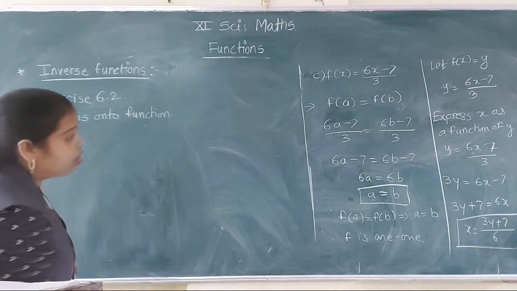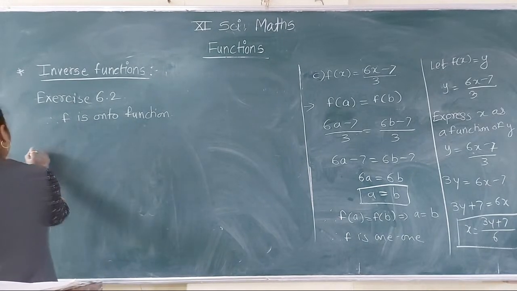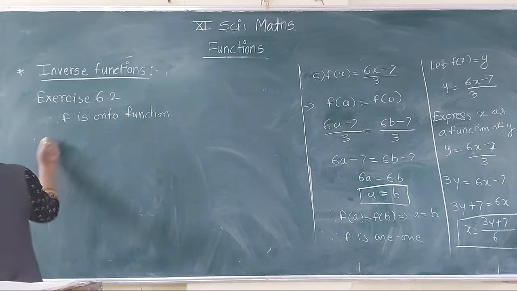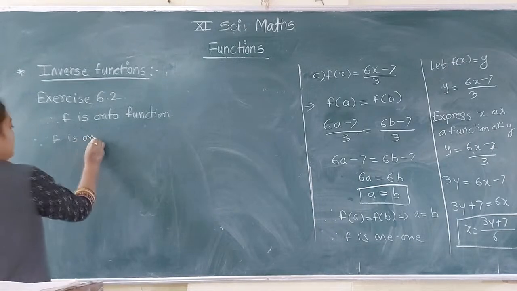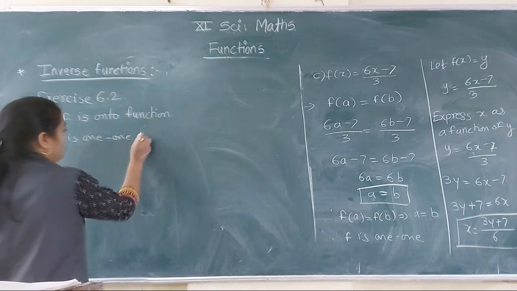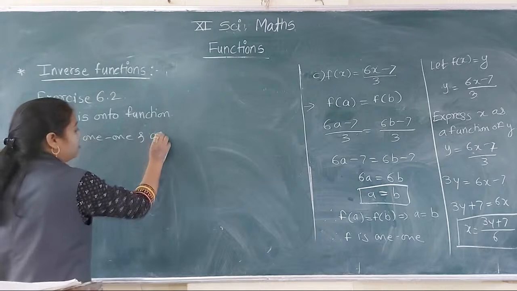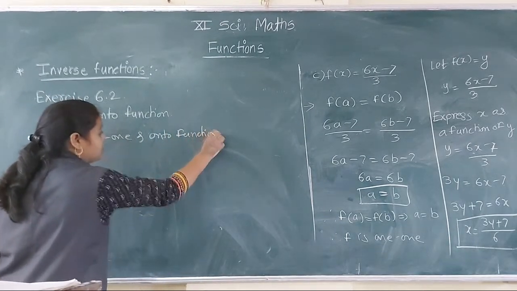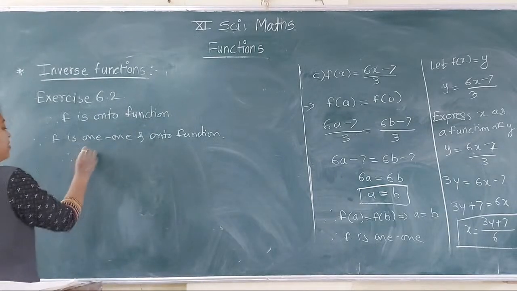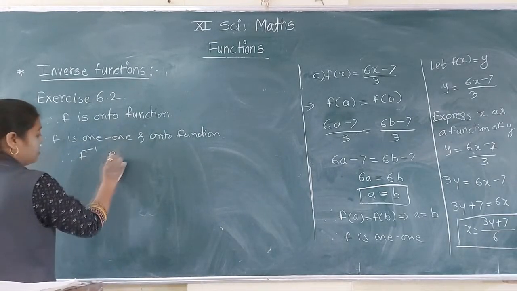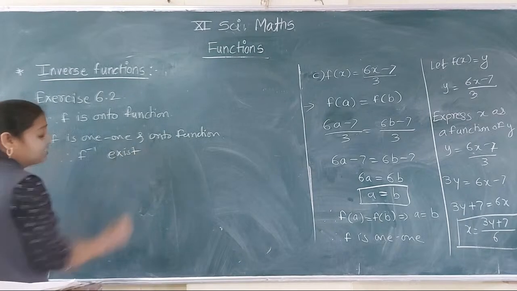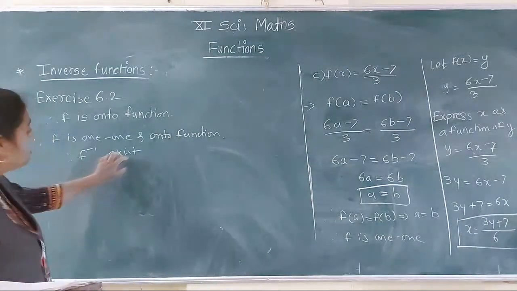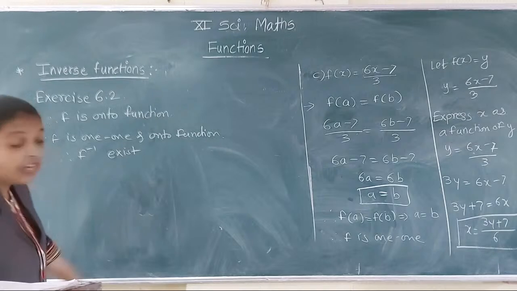Since f is 1 1 and onto function, the inverse exists. Therefore f inverse exists. f inverse exists, right? The inverse exists for what? For the function.